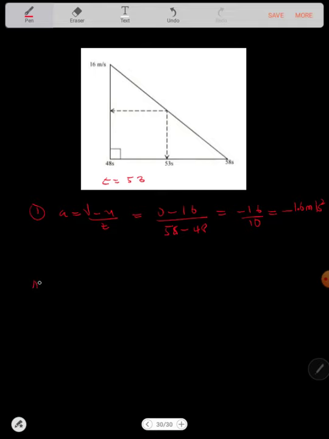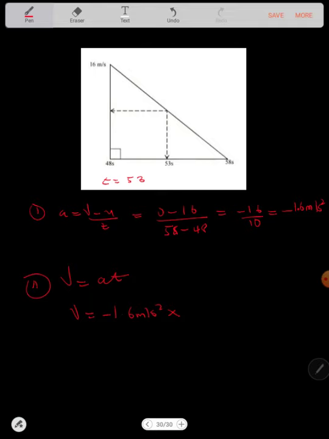Step 2. After knowing the deceleration, now I can find velocity. From the first law of motion, velocity is equal to at. Velocity is equal to acceleration times time. Velocity in this case will be acceleration, negative 1.6 meters per second squared, times the time.